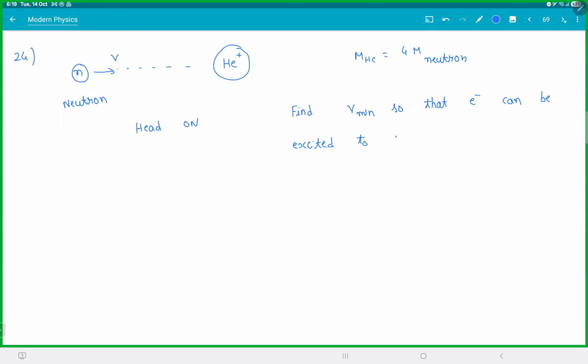Let's see how you will handle this. The previous example I gave you was hydrogen and hydrogen, now I'm giving you neutron and helium.